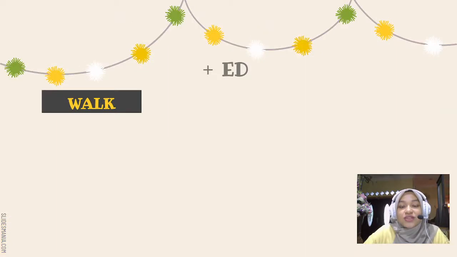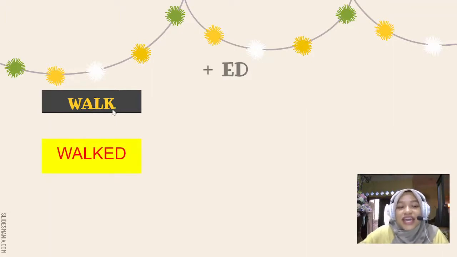The first one here, add ed, you put ed after the verb. For example here, I use walk. Walk, when past tense, will become walked. You see, the spelling is different from the usual walk. There is ed after the k.